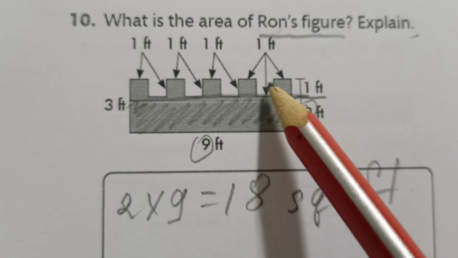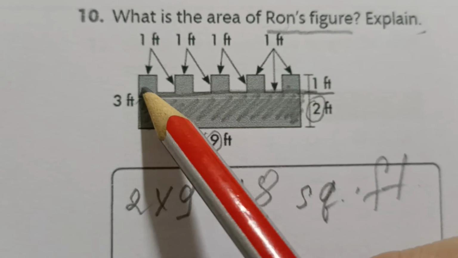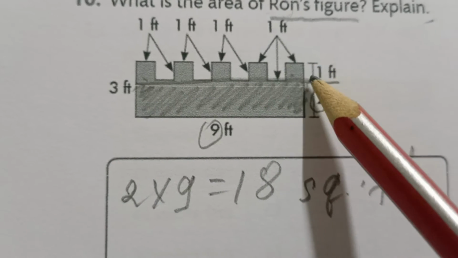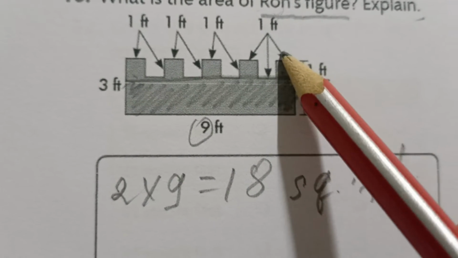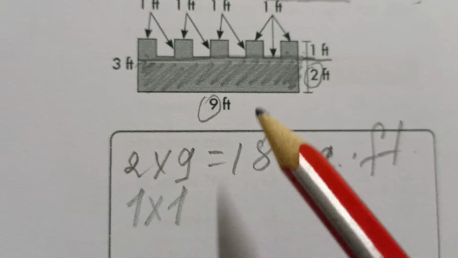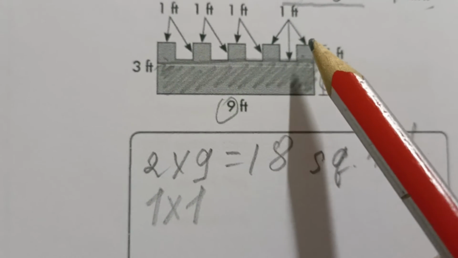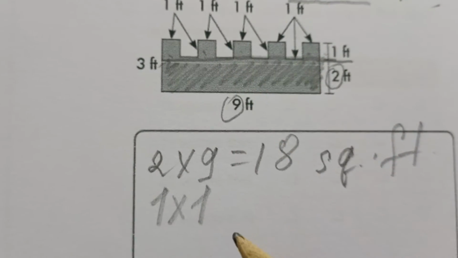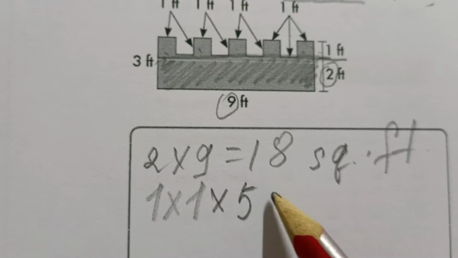And now you see 1, 2, 3, 4, 5 small squares that have 1 and 1 side here, 1 and 1, okay? So we multiply 1 by 1. And how many of those 1 by 1 are we going to count? 1, 2, 3, 4, 5. So we multiply it again by 5.